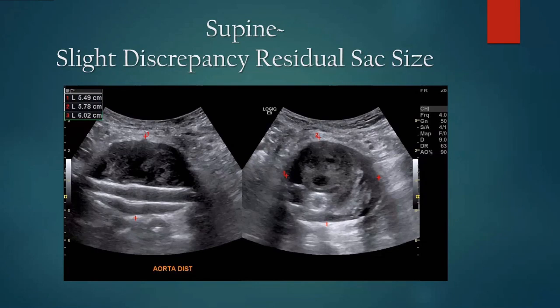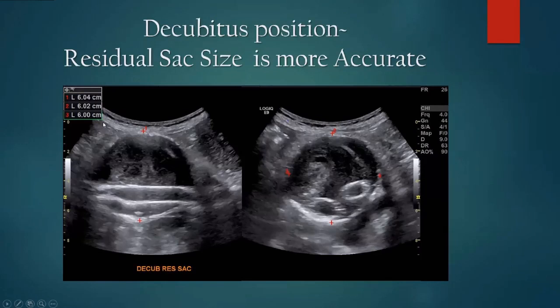And if you're getting a discrepancy with the patient in supine position in your measurements, we're kind of close here, 5.8, 5.2, 6.2. Turning them into decubitus, here we were much more accurate with our measurement.